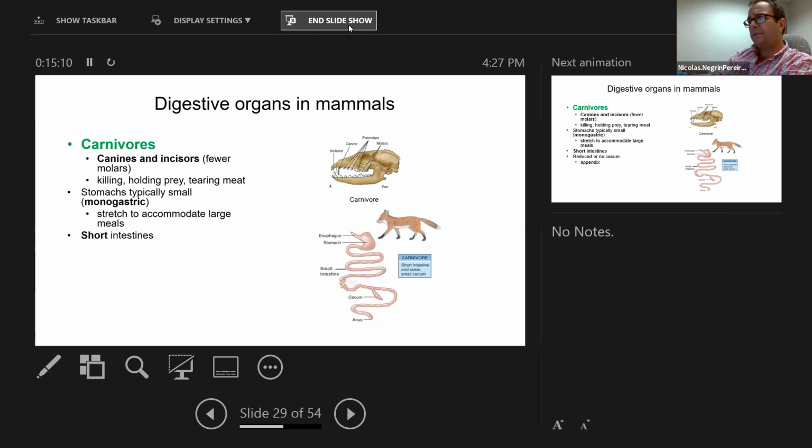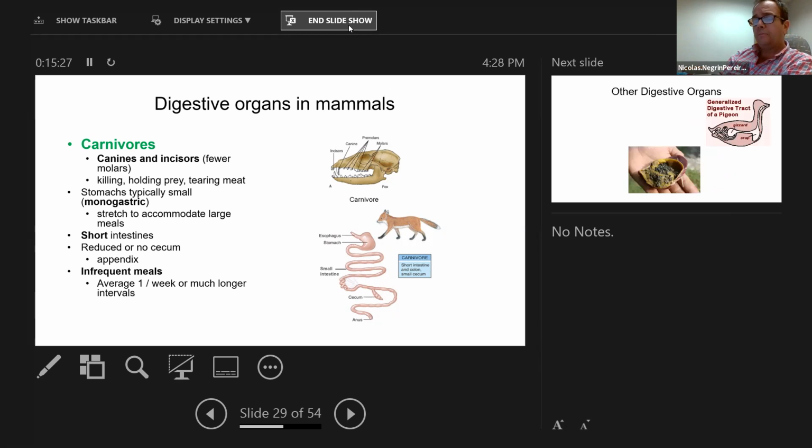They are characterized by a much shorter intestine compared with herbivores, and they have a reduced or no cecum, and when present sometimes it's just a vestige, like the appendix in humans. It's a vestigial organ.